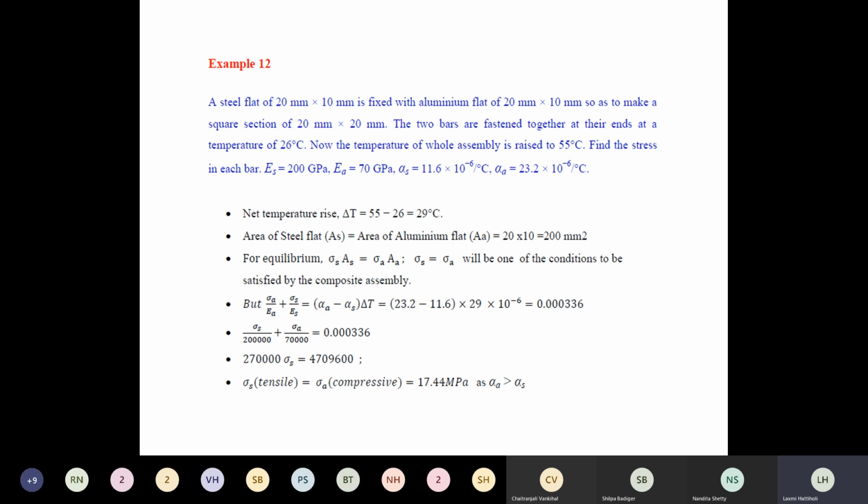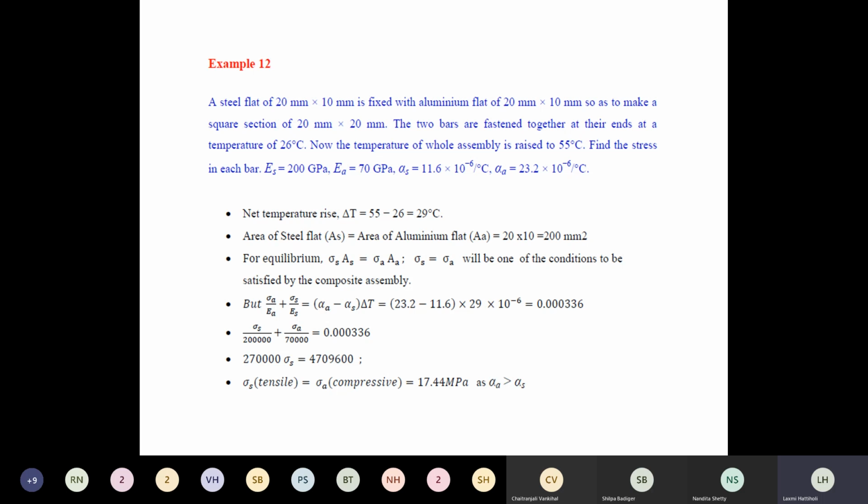Now you can use the two formulas. The first one is sigma S into A S is equal to sigma A into A A, where A is the cross-sectional area. Next, we have also seen this condition.